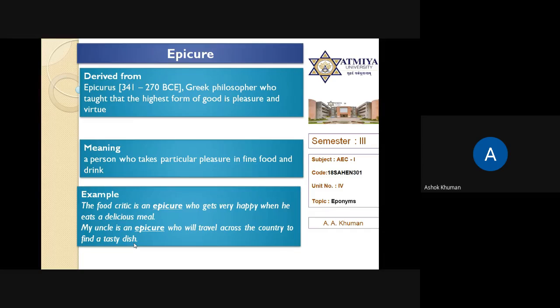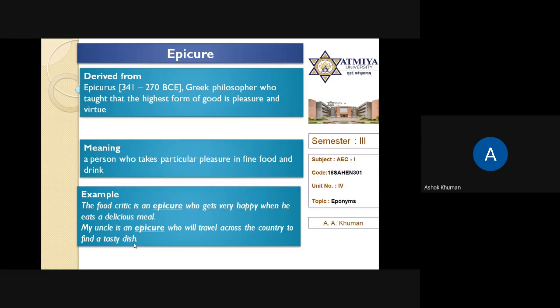An epicure would spend money on food, but what he wants is that it should be delicious and tasty. He would not continue eating the same thing on and off. So he wants varieties, he wants taste, and he would take pleasure in it.